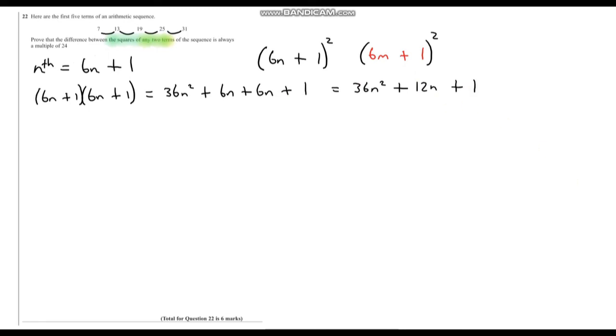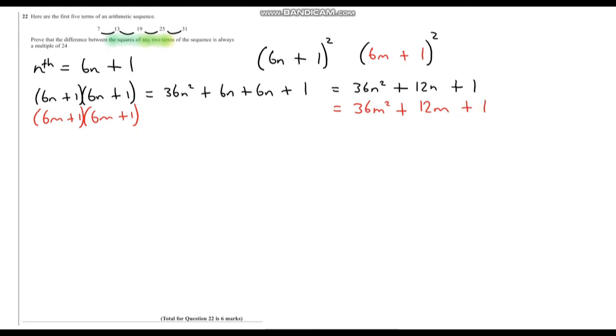Now we do the same thing for this one here: 6m plus 1 times 6m plus 1. We don't need to do all of this because it's exactly the same, I've just replaced the n's with the m's. So it's going to be 36m squared plus 12m plus 1.